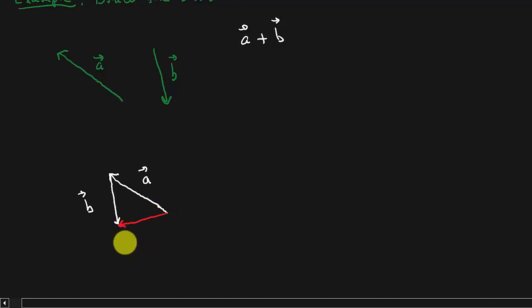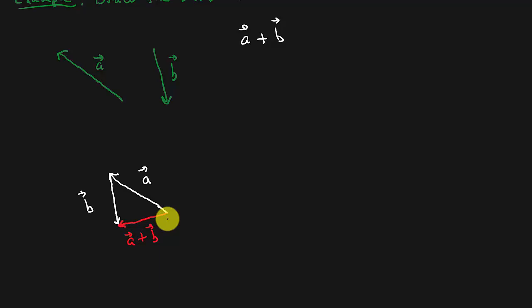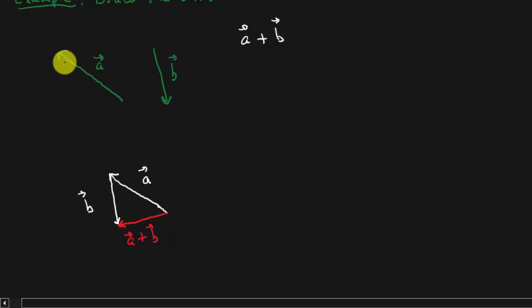There's the sum A plus B. So that's one way that you can represent a sum when you have two vectors. We place the initial point of B at the terminal point of A, and then the sum is the initial point of A to the terminal point of B.